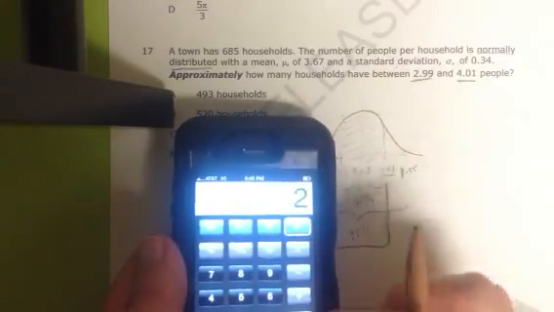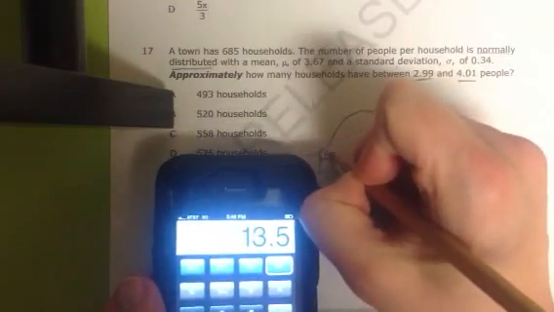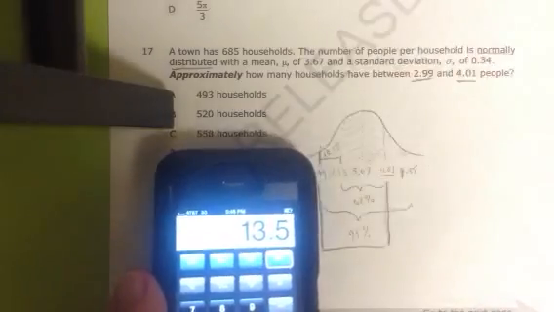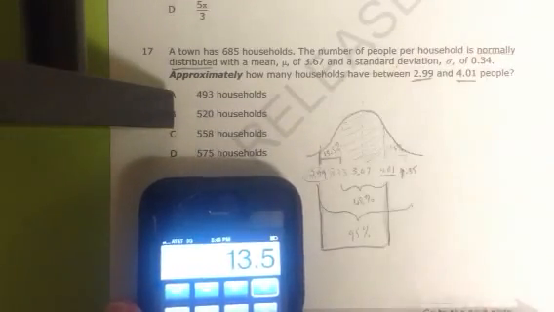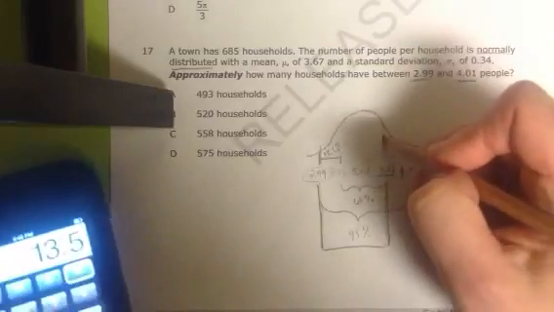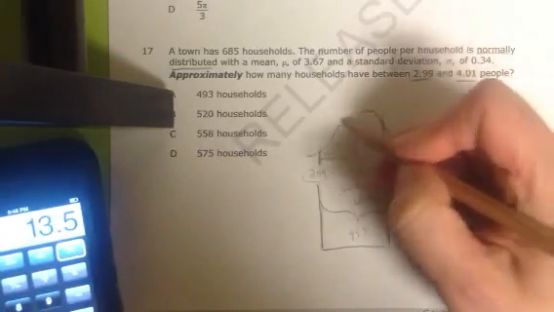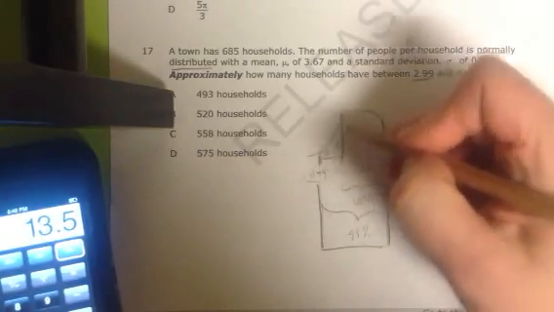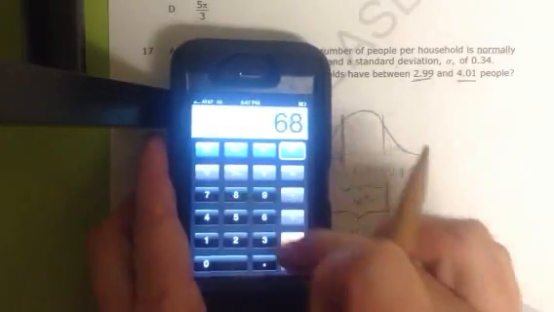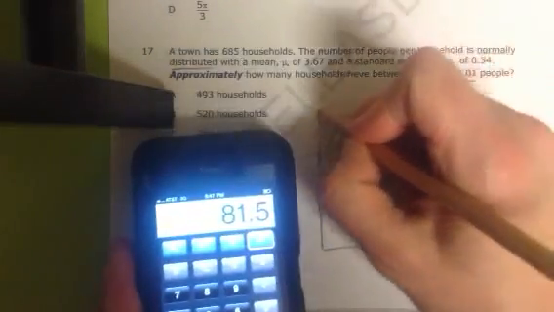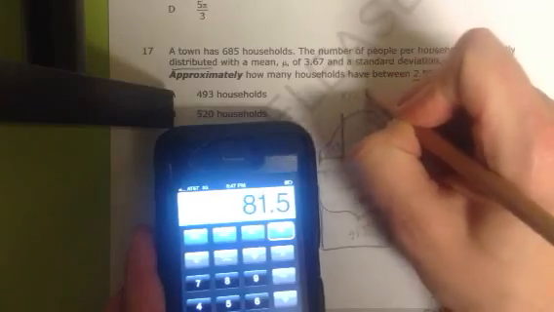Dividing by 2, there's going to be 13.5% in this spot and 13.5% in this spot. Now from here to here is 68%, plus 13.5. From here to here is going to be 81.5%.